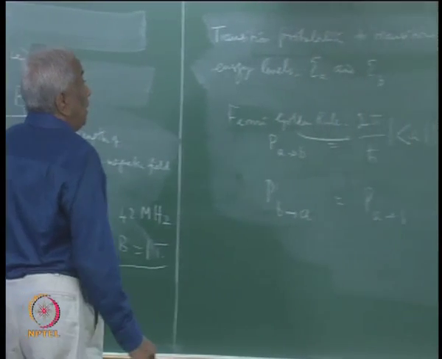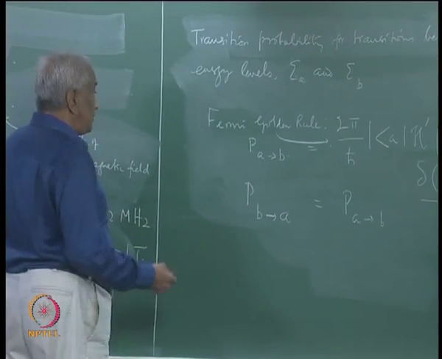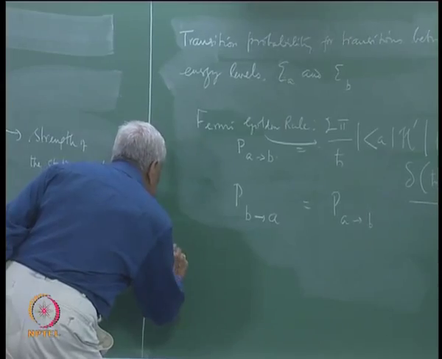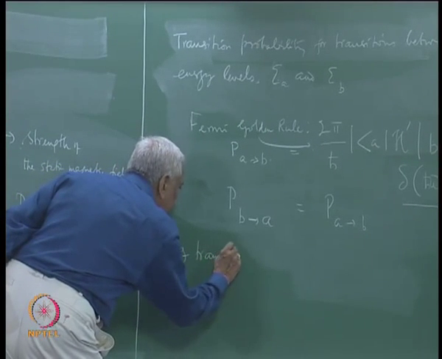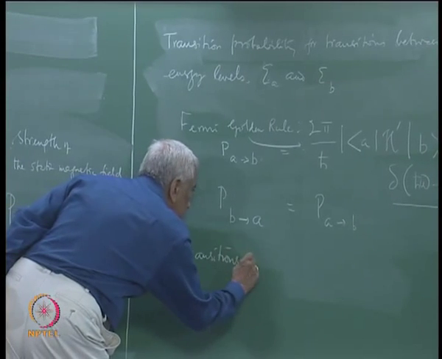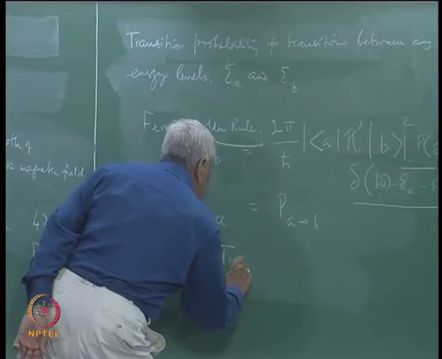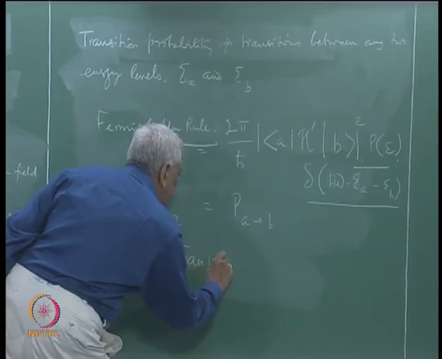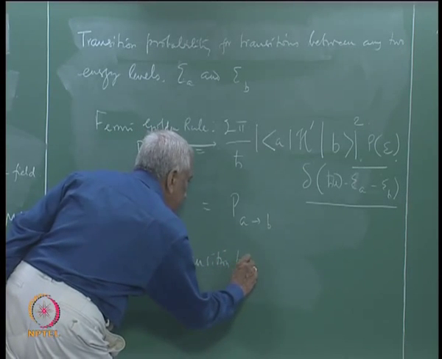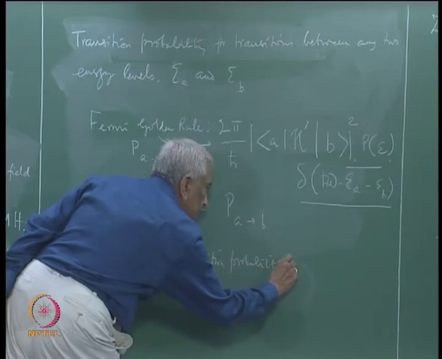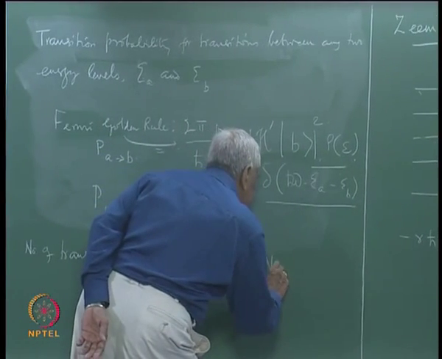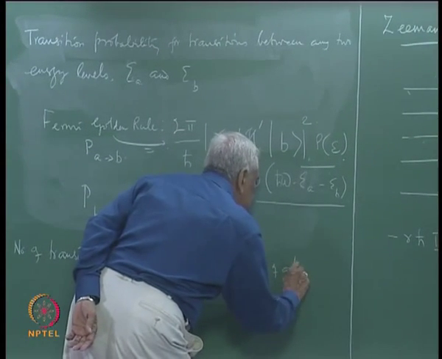So, what is the number of transitions? The number of transitions is given by the transition probability times the number of atoms in a given state.